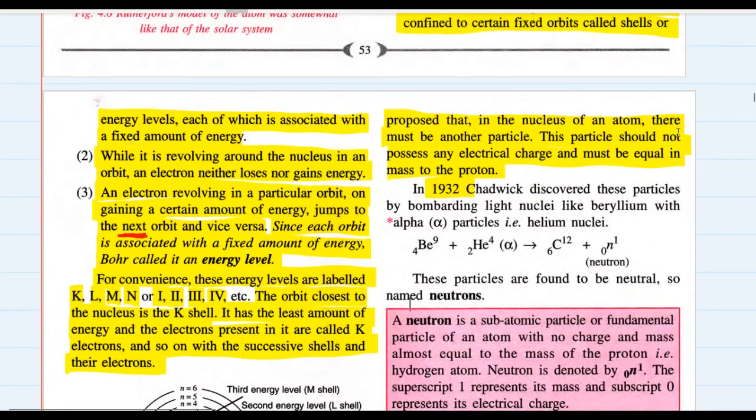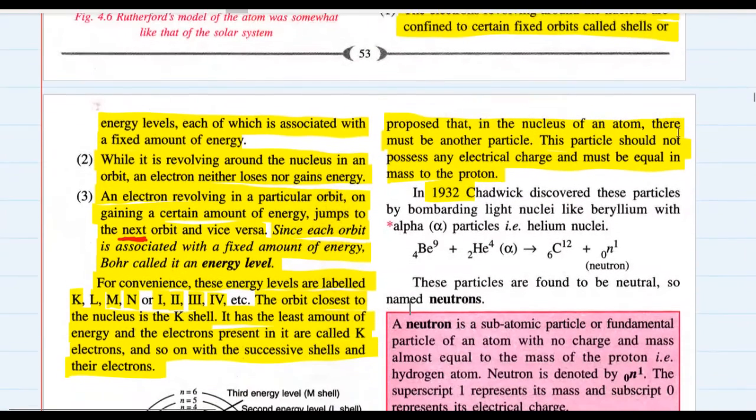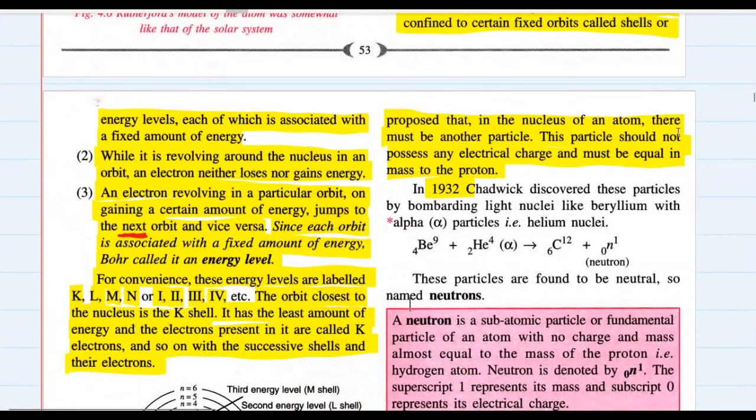And then somebody called James Chadwick comes with the proposal that atom contains one more particle which we all are forgetting about. And that particle was neutron, electrically neutral but equal in mass with the mass of proton.